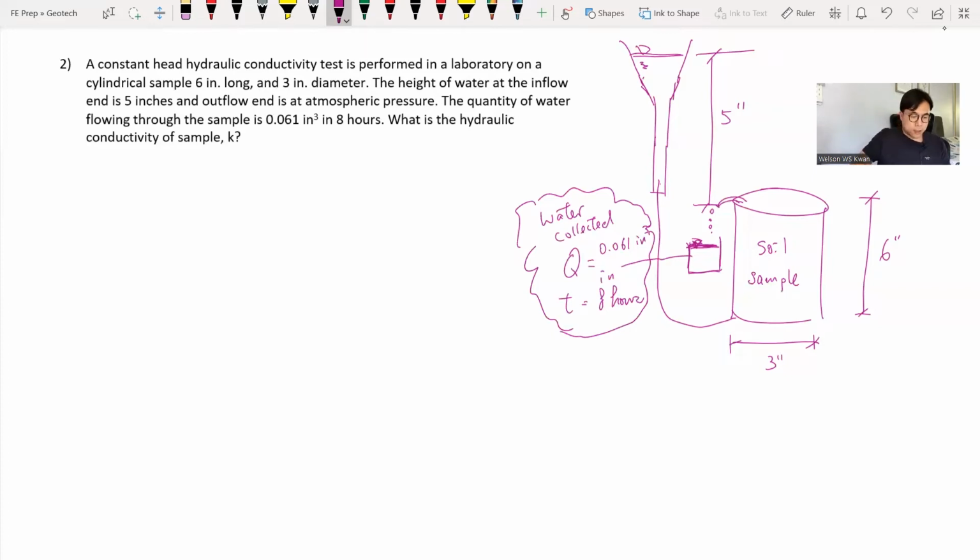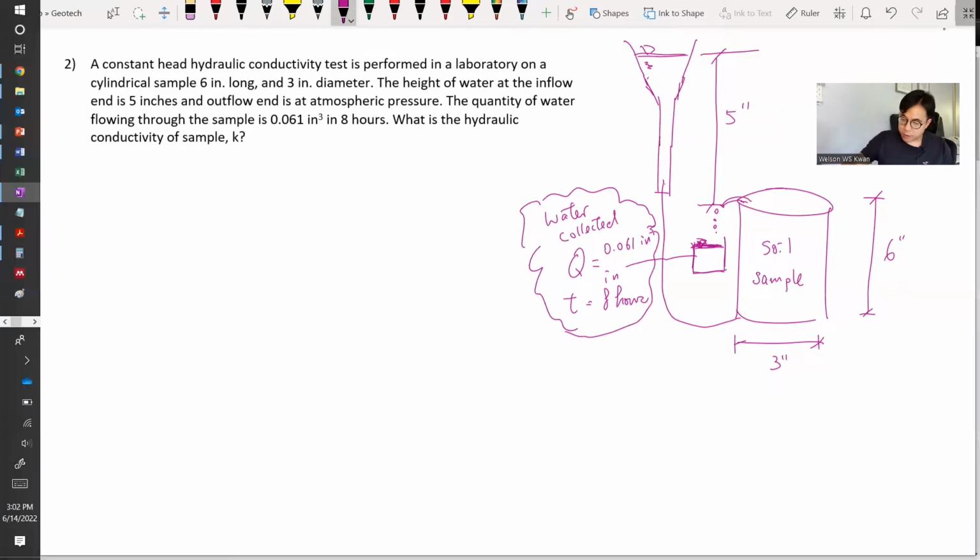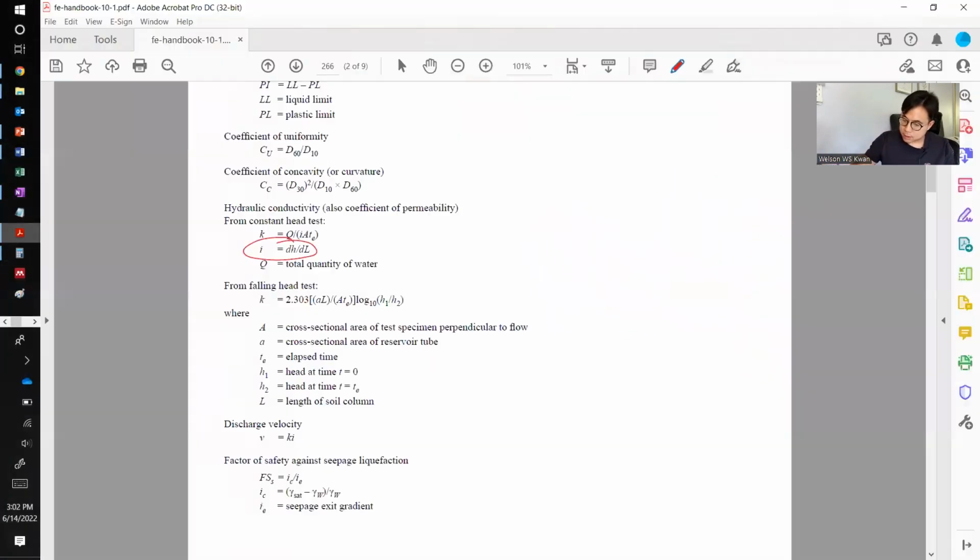Okay, so this is a constant head test, and again, referring to our FE manual, we look at the hydraulic conductivity for the constant head test, and we are aware of this formula. In every exam, finding the right formula always gives you a head start.